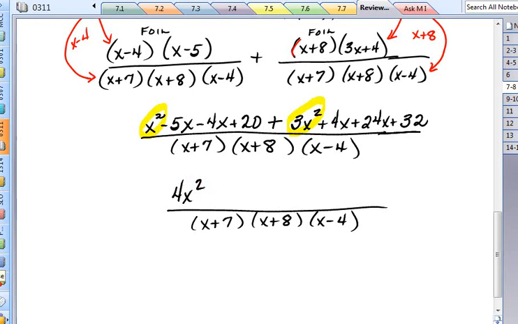I have a minus 5x and a minus 4x for minus 9, plus 4, that gives me back to minus 5, plus 24, I think, is plus 19x, if I carried all that in my head right, which may not have happened. Then I have 20 and 32, which gives me 52.